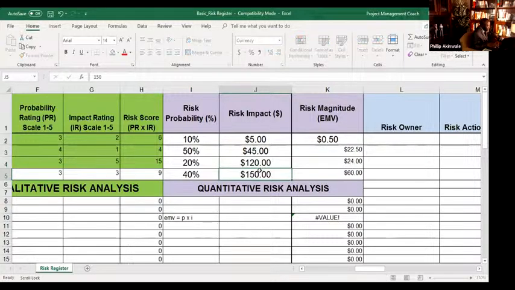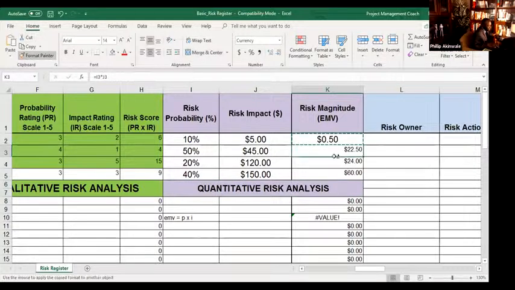The idea is to assess them all, and at the end of the day, probability times impact for all of the different risks. And at the end of the day, you're going to get a final aggregate, if you will.